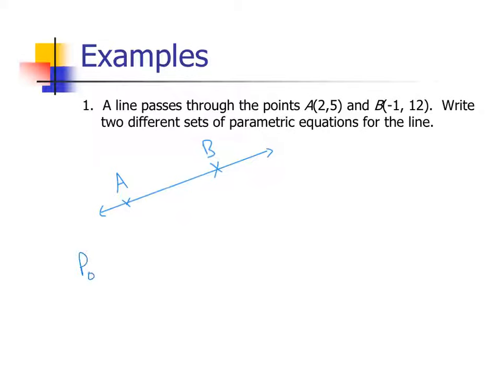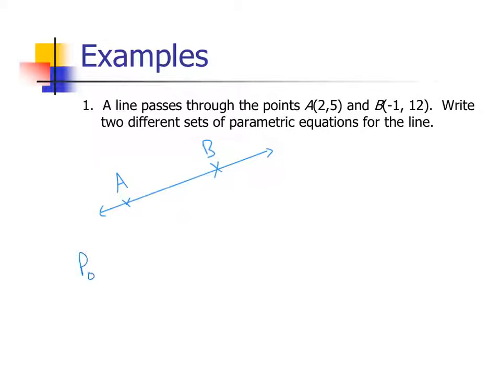Now we need a direction vector, right? So our direction vector is going to be a vector that is parallel to the line, or going in the same direction as the line. Now in this case, since we have 2 points, we could just use the direction vector AB, right? So AB, that vector, would be a really good direction vector for this line.